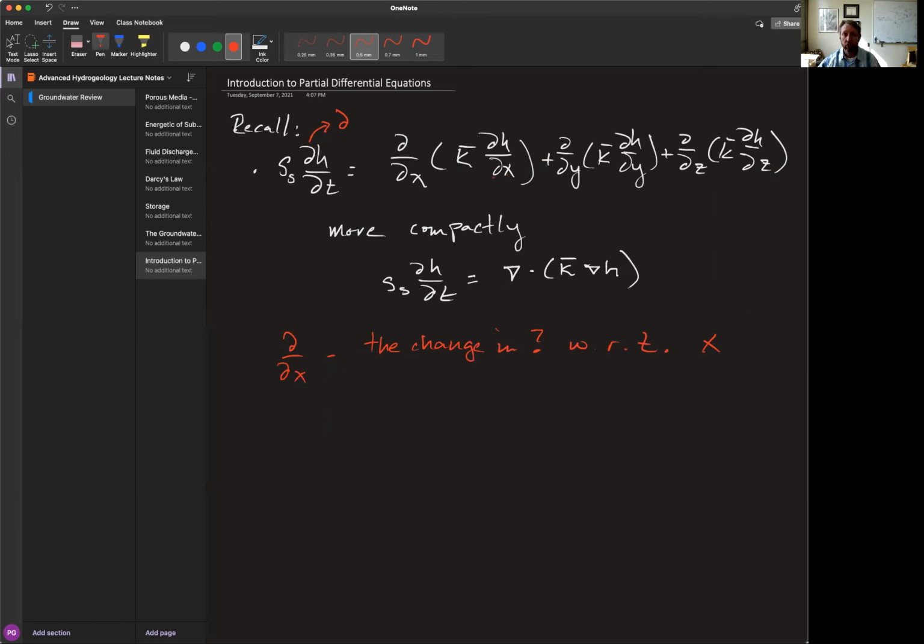We take a derivative of the head field with respect to the x direction alone, that's basically the slope in the x direction. The differential with respect to y is essentially the slope in the y direction, and with respect to z, the slope in the z direction. Same with time, t.